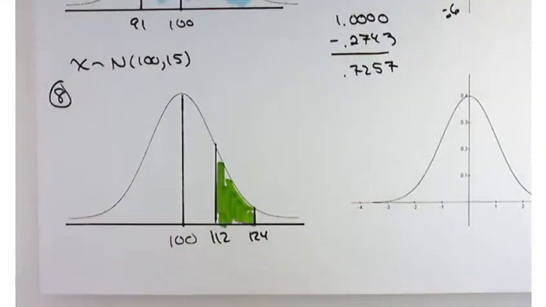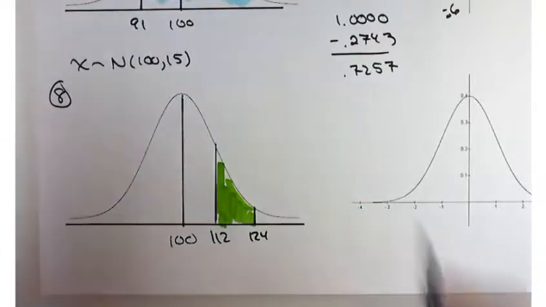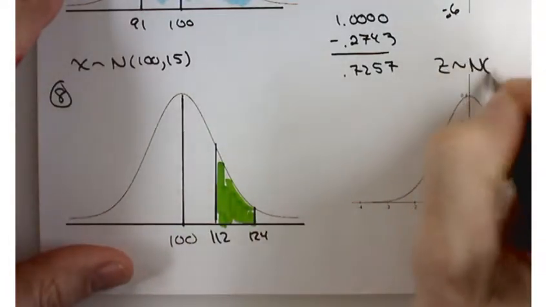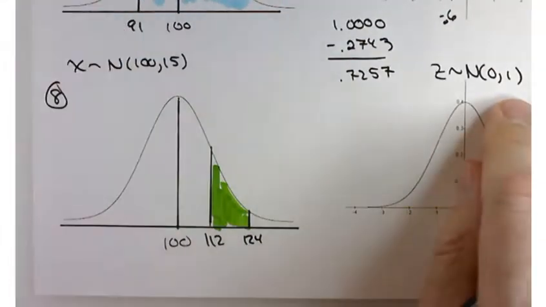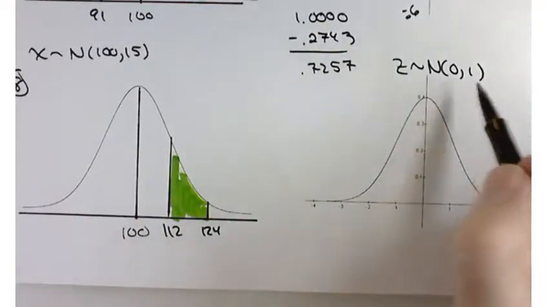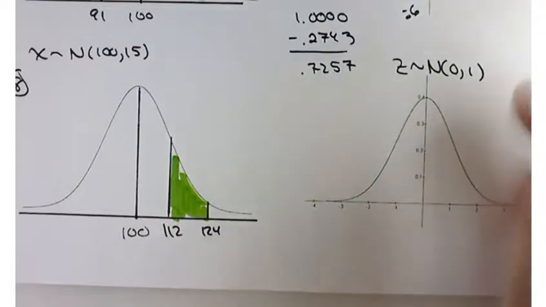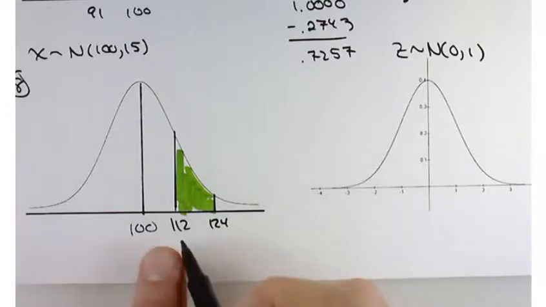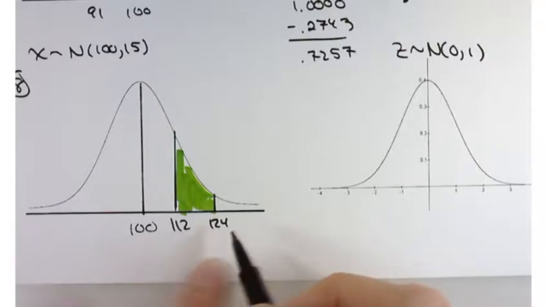I'm not going to do that for this non-standard normal curve. Instead, I'm going to do a little transformation and use the standard normal curve, which is over here. The standard normal curve has a mean of 0 and a standard deviation of 1. I'm going to need to calculate 2 different z-values, one for the 112, one for the 124.